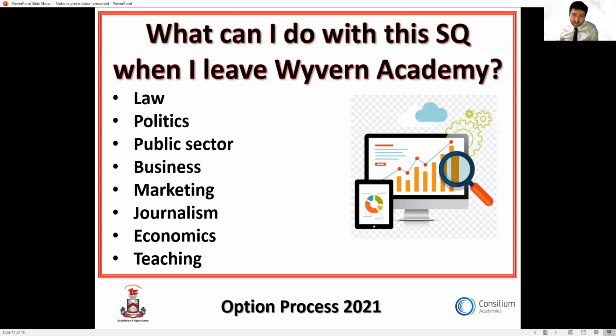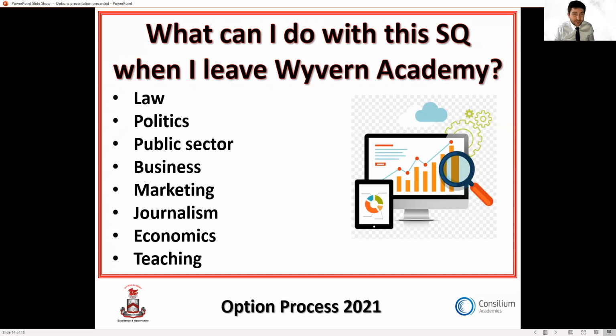A lot of leaders in world history have often done a GCSE in history, or the equivalent, or have studied history previously. Public sector work, business, marketing, again, you're looking at things like data and analysis. You're looking at trends. It's not all about just looking at the past, it's the skills that you get from a history GCSE. Analysing data and evidence is the key skill that employers like.